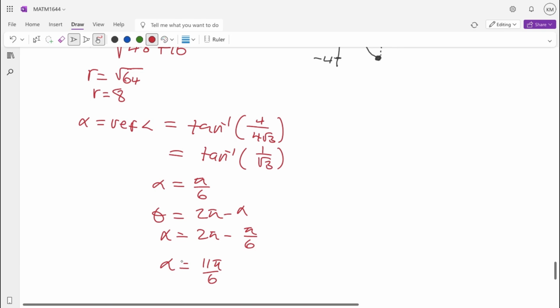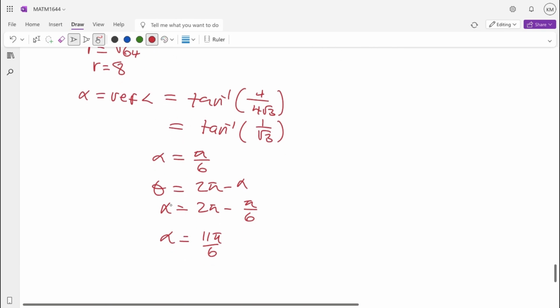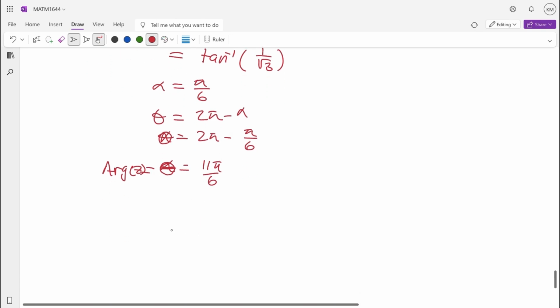Not alpha, theta here. This is theta, our argument of z. So our argument of z, theta, is 11 pi over 6.